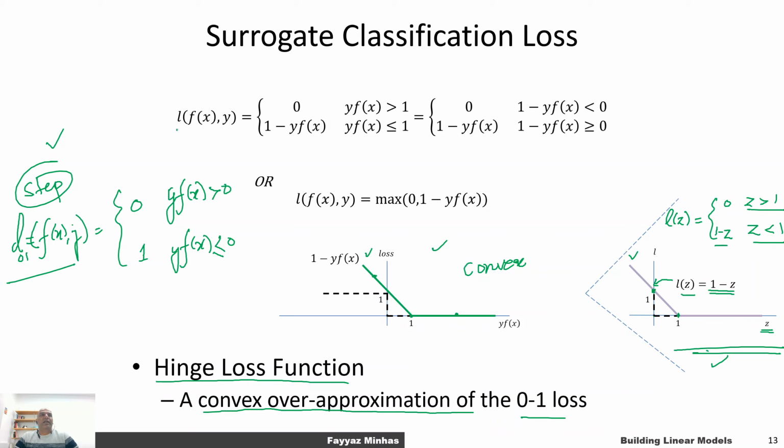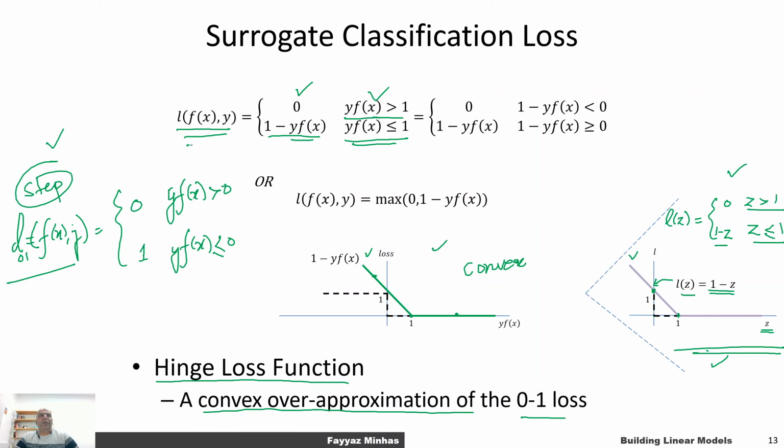This hinge loss function is going to produce a value of 0 whenever z is greater than 1, and instead of z, we have put y times f of x greater than 1. Okay, so that's the same thing. And then for the other part, we have 1 minus y times f of x. So you replace y times f of x with z, and we have done that. And then what we get over here is the corresponding other part of this function.